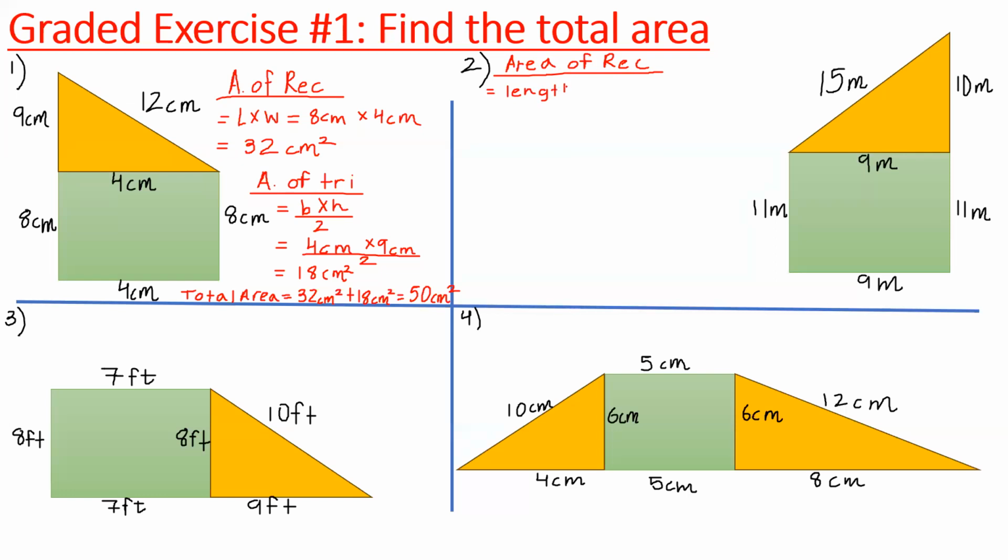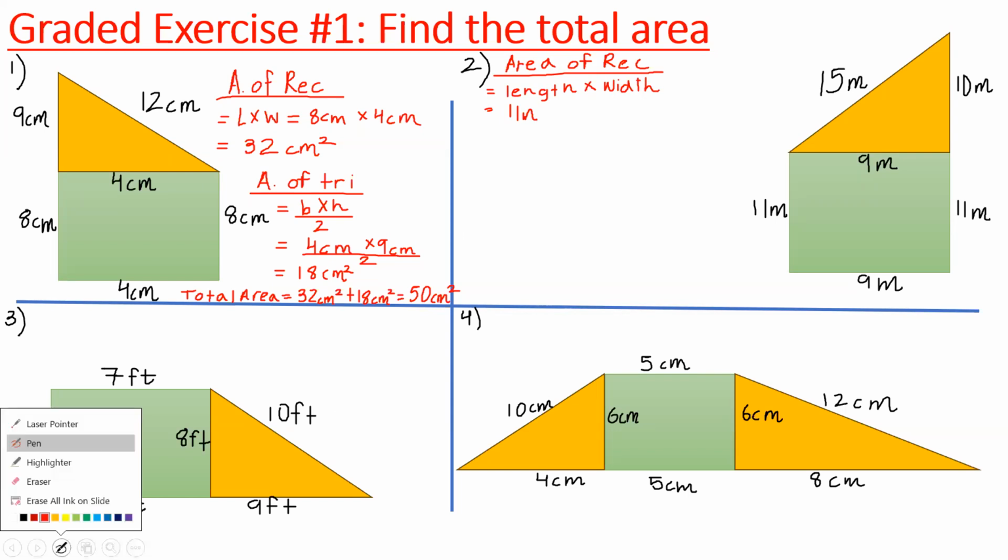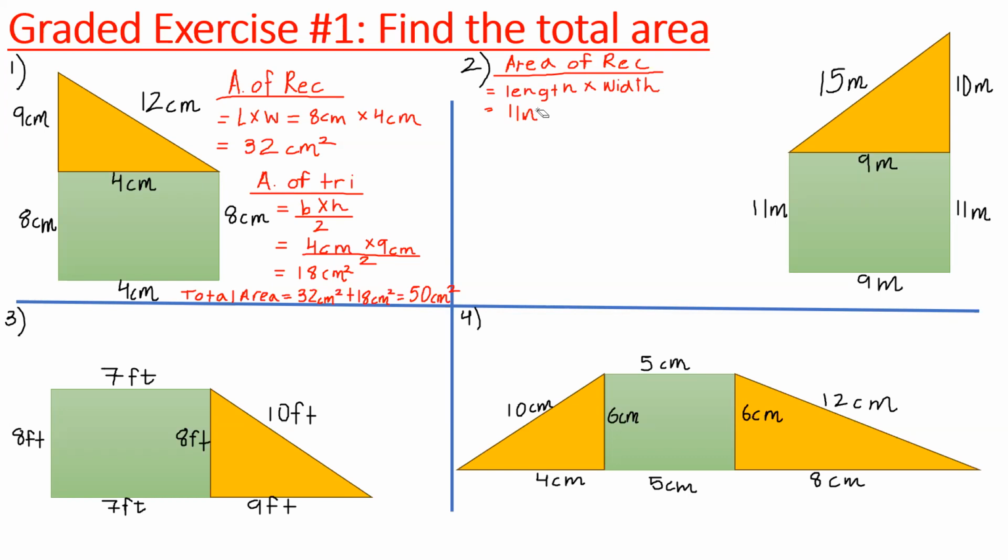The length is 11 and the width is 9. Why did you choose the length to be 11? Because that was the longer part. The longest side? Yes, sir. Good, so it's 11 meters. Go ahead.